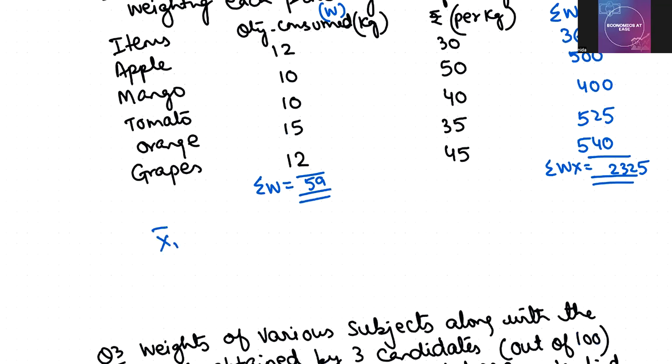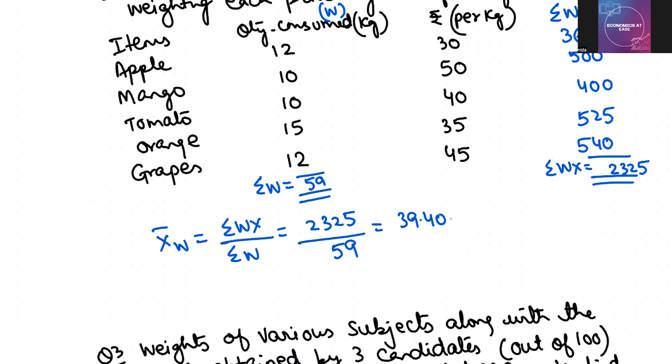Weighted mean is equal to summation wx, that is the total here, upon summation of weights. So here we will be getting 2325 on 59. So 39.40.